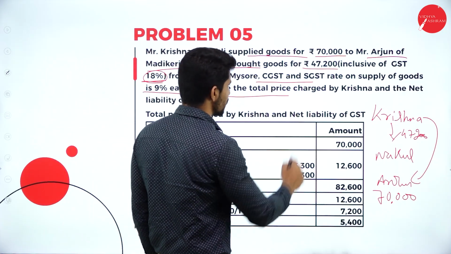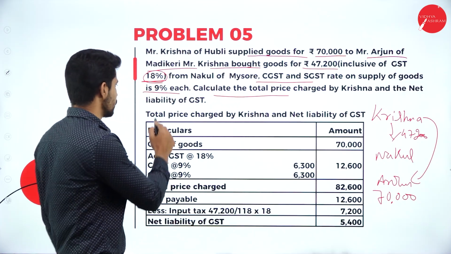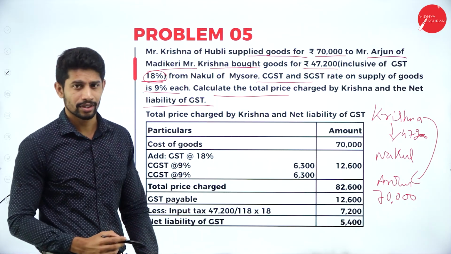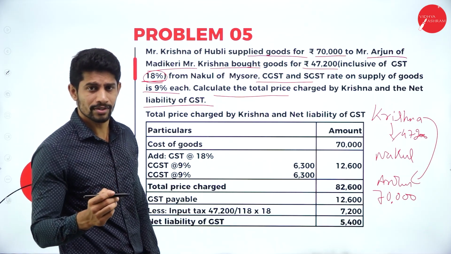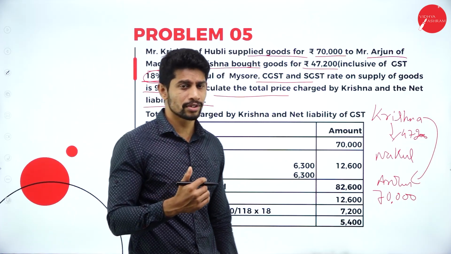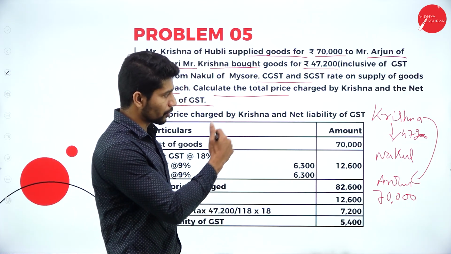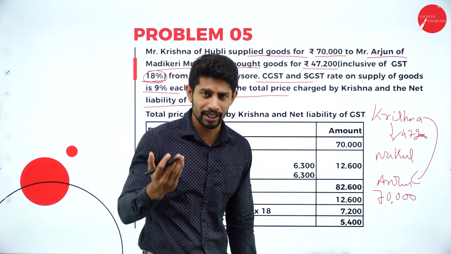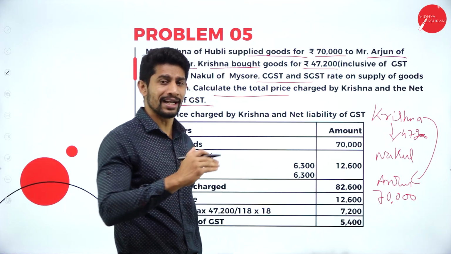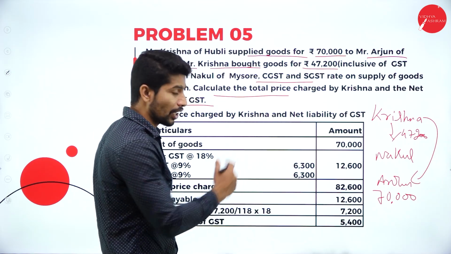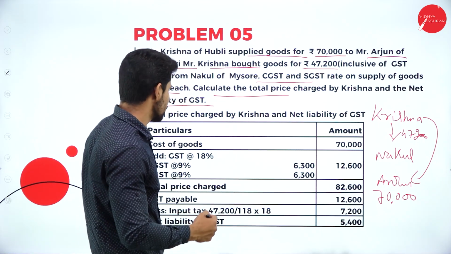Calculate the total price charged by Krishna and the net liability of GST. So it's very easy to solve the problem. Here we have three parties because at the time of purchasing the goods from Mr. Nakul, Krishna has already paid some GST amount. So that GST amount is supposed to be set off while he is selling the goods to Mr. Arjun. So we will solve how to set off the GST amount.